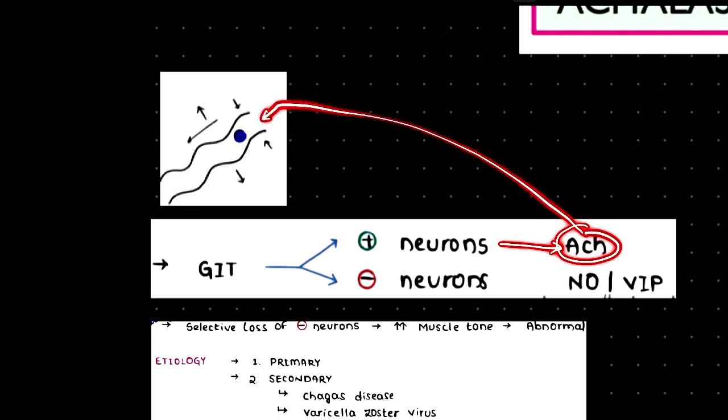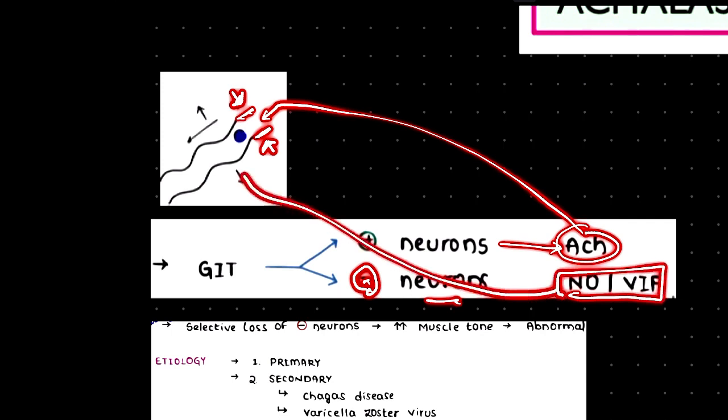This acetylcholine acts at the region behind our food particle. These excitatory neurons will compress or contract this area. And the inhibitory neurons, with our nitric oxide and VIP, need to act in this place and dilate these areas.